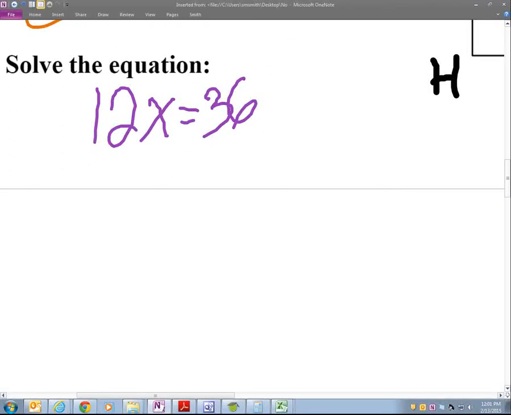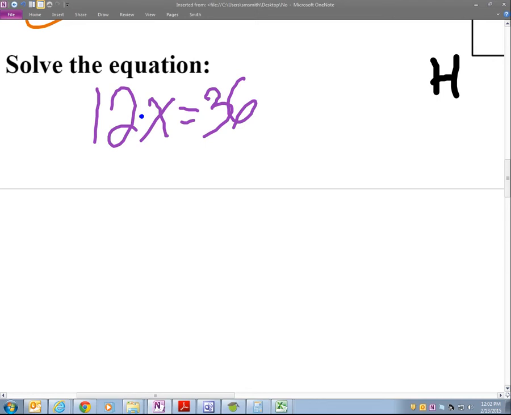Eventually, it will be by itself, but right now something's happening to it. If you were to say this out loud, what would you say? 12x, true, but what does that represent? Is there something that we know because we know algebra that's in here? 12 times x. So 12 is being multiplied by x. That's what's happening to x.